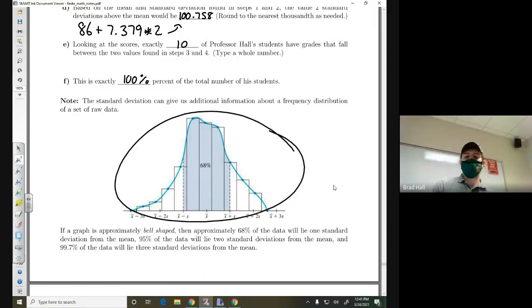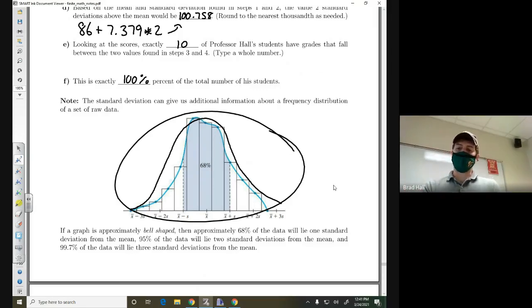Now you can model graphs like that using these rough bell-shaped curvature. And when you are able to use a model to roughly approximate a normal distribution like this, then you get some really neat properties from this. These properties are going to be what we talk about in the next section.